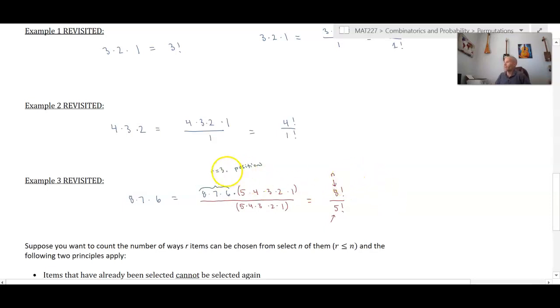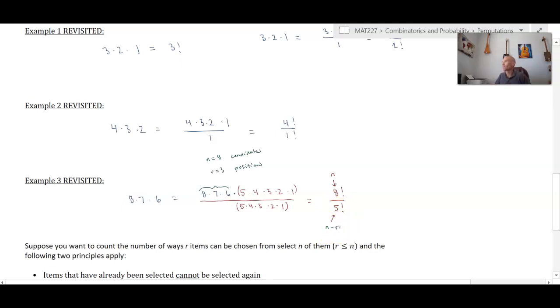So if I have 3 positions to fill, but I have n equals 8 candidates, then notice that 8 minus 3 will tell me how many extra factors that I don't have in the numerator that I need to divide out if I'm going to write 8 factorial in the top. So this 5 is actually the quantity n minus r.